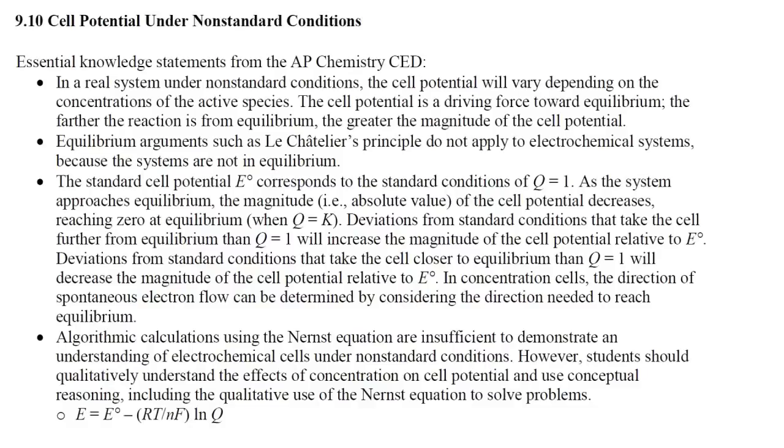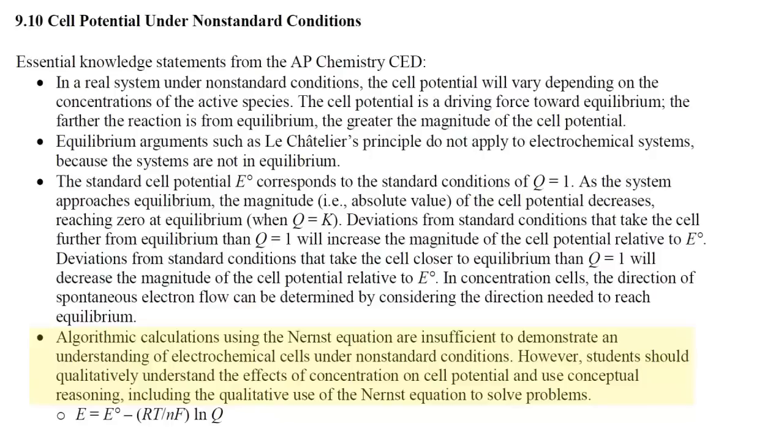And then the next essential knowledge statement says, algorithmic calculations using the Nernst equation are insufficient to demonstrate an understanding of electrochemical cells under non-standard conditions. However, students should qualitatively understand the effects of concentration on cell potential and use conceptual reasoning, including the qualitative use of the Nernst equation to solve problems.